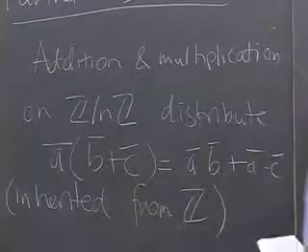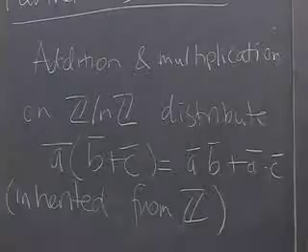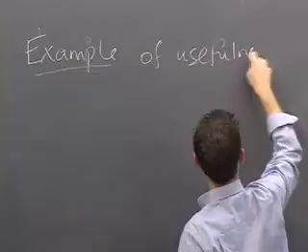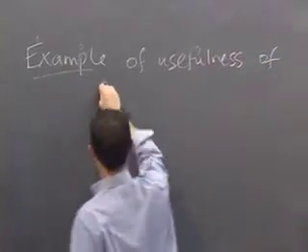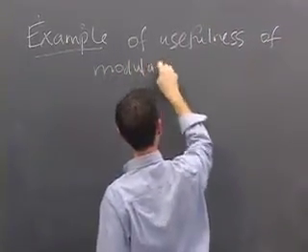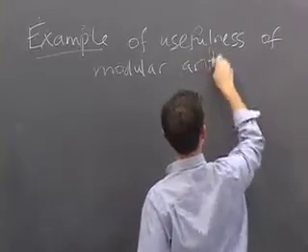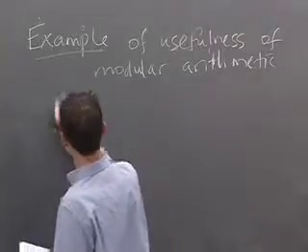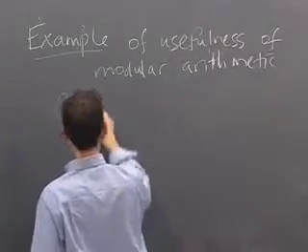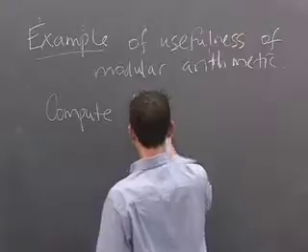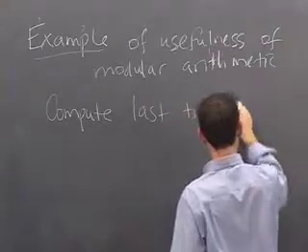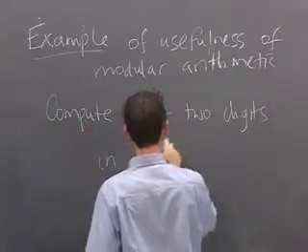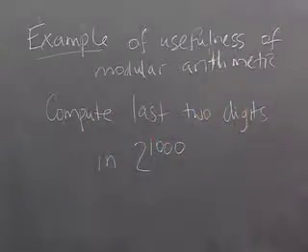OK, so here's an example of the usefulness of modular arithmetic. Somebody tell me how to compute the last two digits in the decimal expansion of 2 to the 1,000.